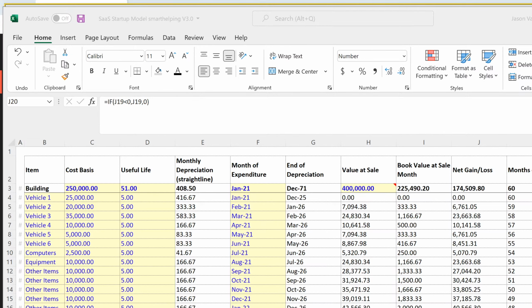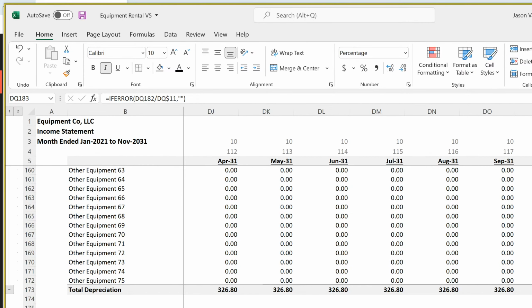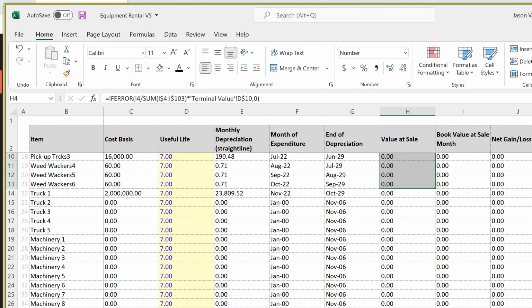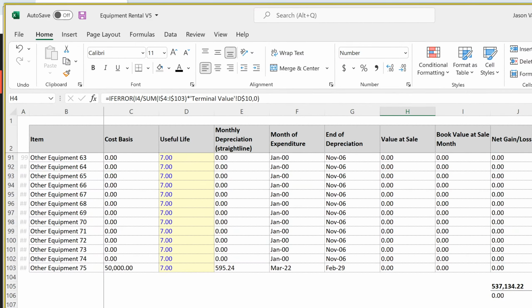We're adding the loss in there to account for. Oh my goodness. Okay, so J106 here should be J107, I believe. Oh man, that's frustrating. No, no, J106 is correct. That's 0 and J105 is the actual gain, net gain or loss.